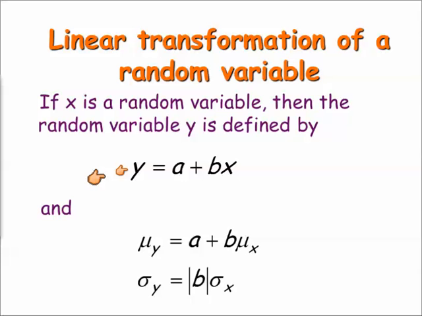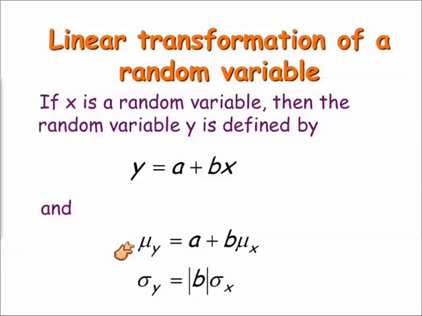If I can find the mean of the x value, all I've got to do is stick it into the same equation and I find the mean for the y values. That makes sense. If I find the mean of the x's, then I can find the mean of the y's just by using that formula.